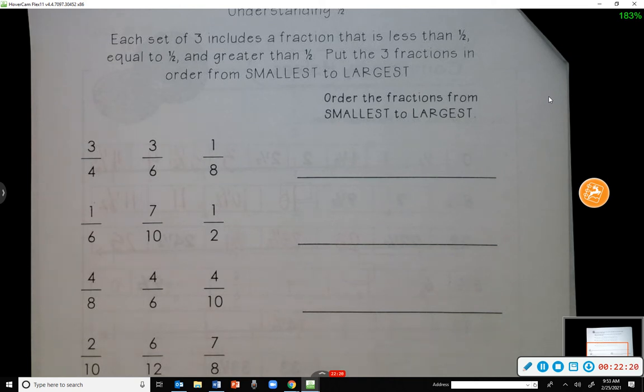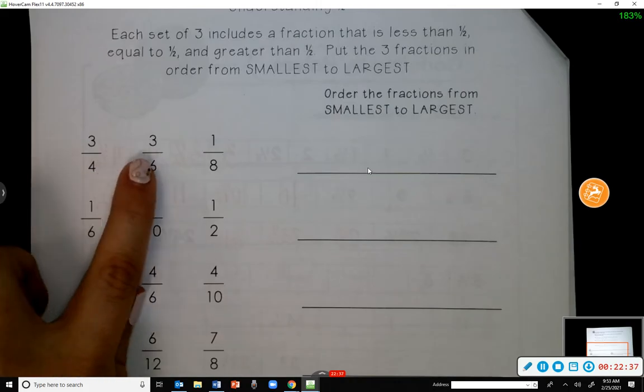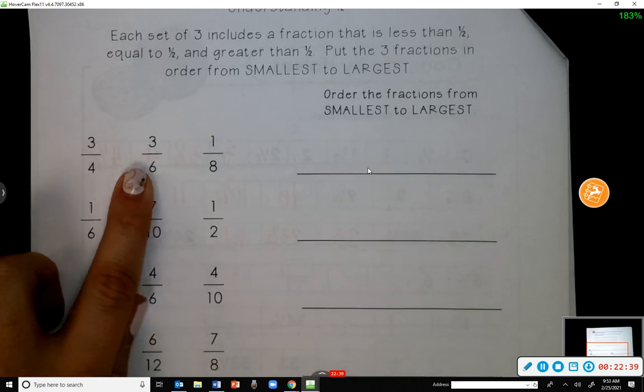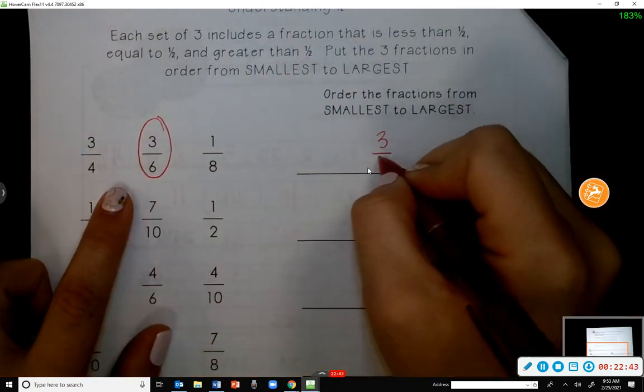Okay, what do you think, Javea? Which one? Remember, the numerator has to be half the denominator, so is 3 half of 4? Yes or no? Okay, good. 3/6 because 3 is half of 6. Okay, so we're going to circle that. That one needs to be in the middle.